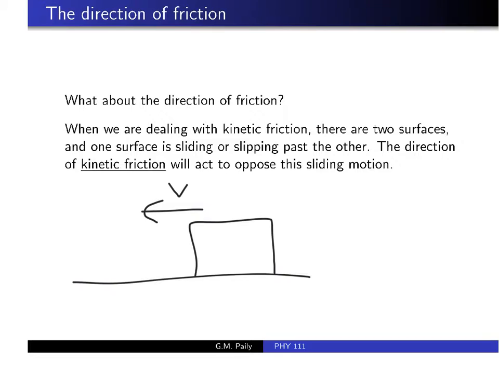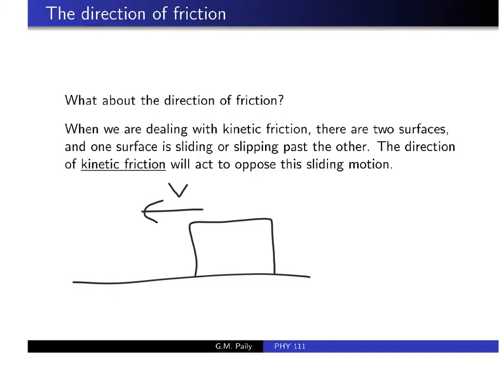Now, why did I say forces? Like everything else, friction is generated in action-reaction pairs. So, the force of the table on the box will be this way, in opposition to the motion of the box. However, the box will also exert a frictional force on the table, and that would be in the opposite direction.